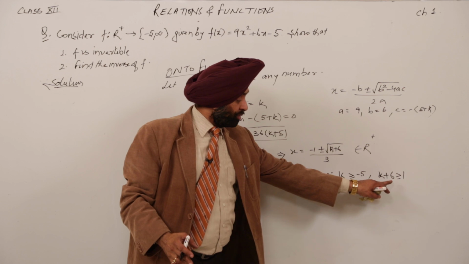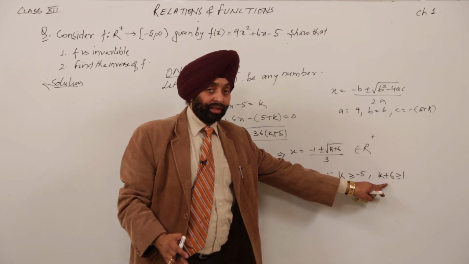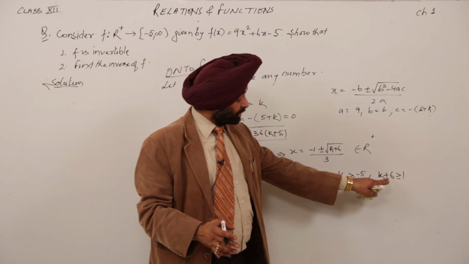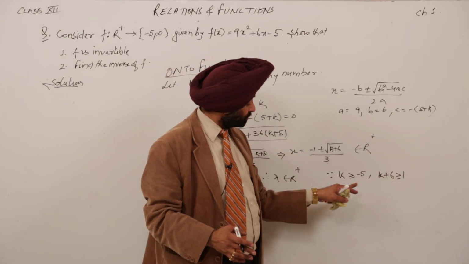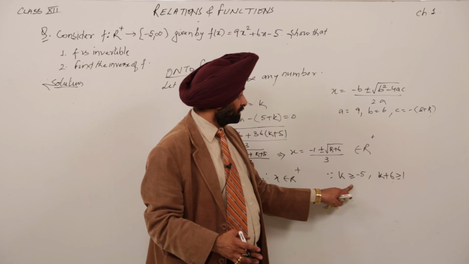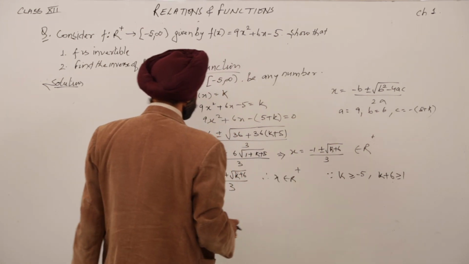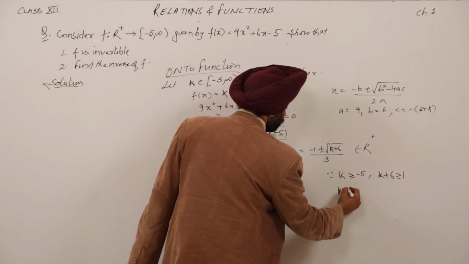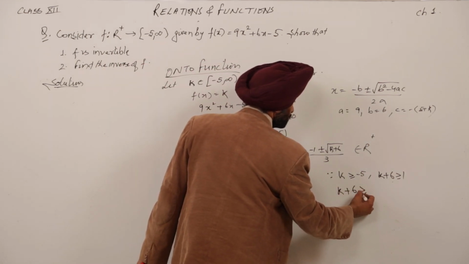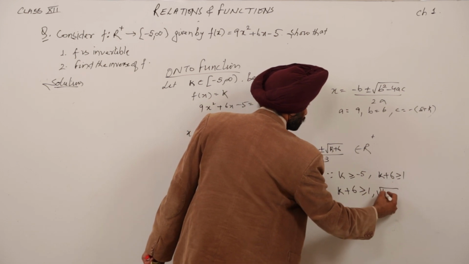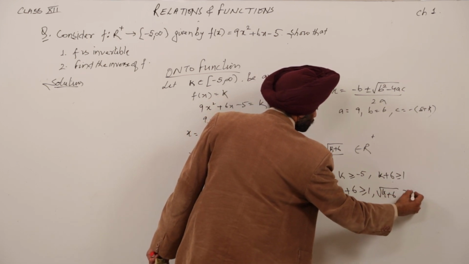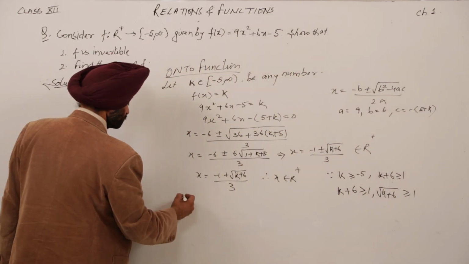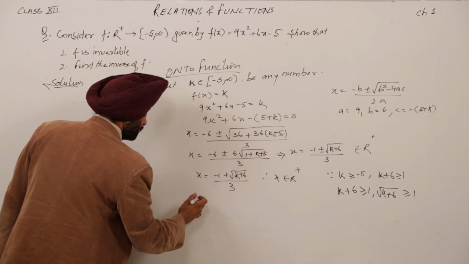If I subtract 6 from both the sides, because this is an inequality, then we get k is greater than or equal to minus 5. So k plus 6 is greater than or equal to 1 and under root k plus 6 is greater than or equal to 1. Okay. So now we are having x is equal to this part.